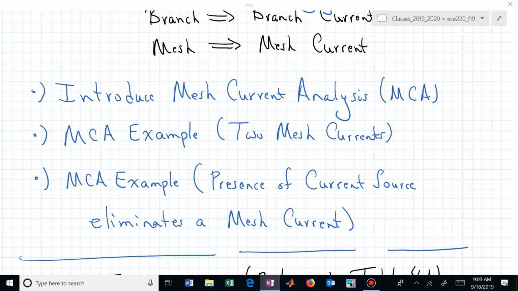And then we will look at one that has the presence of a current source, where that current source component is only associated with one mesh, and in that sense it eliminates a mesh current.